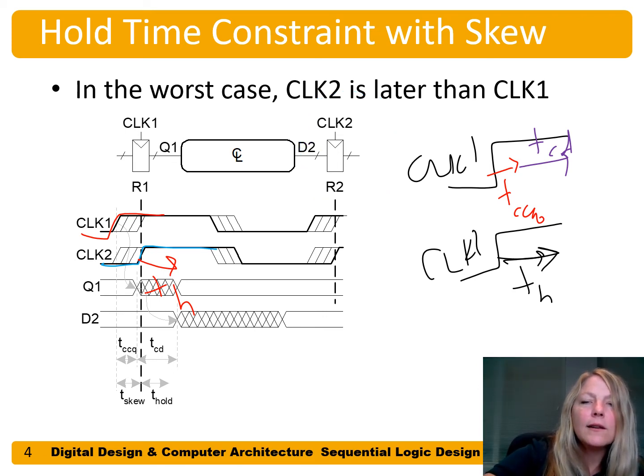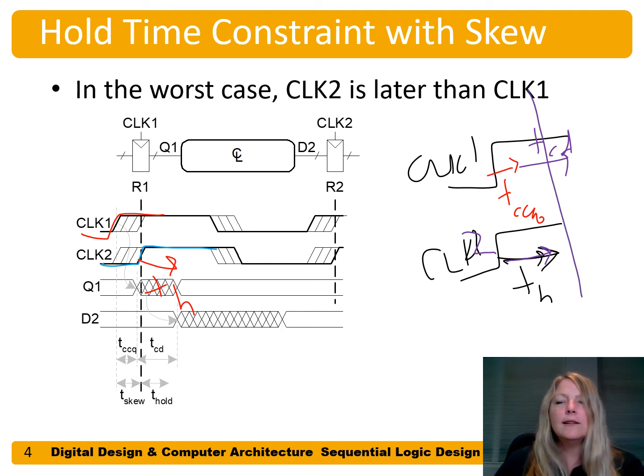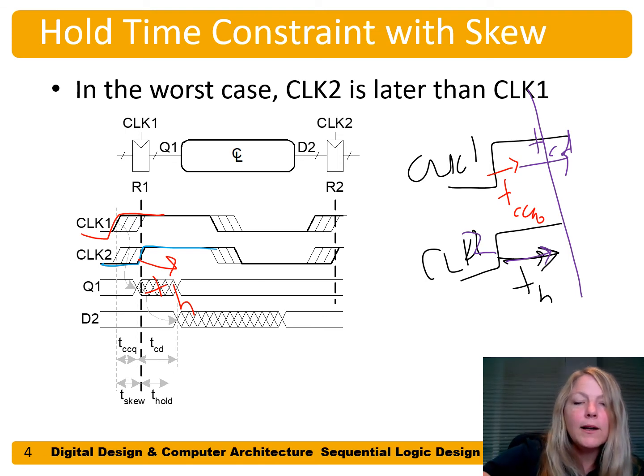Now we've made it worse because we're saying, this is clock 2. This one doesn't violate it: T hold is less than TCCQ plus TCD, so no problem on that one. But what happens when we move this later?